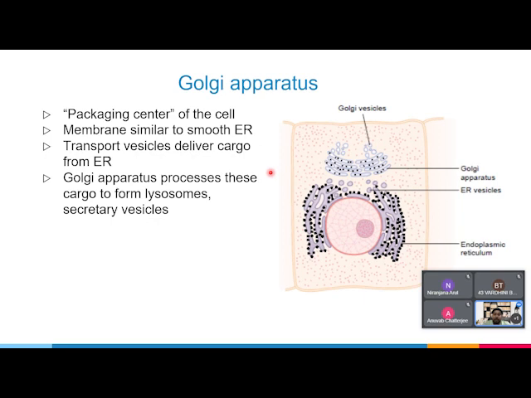And the Golgi apparatus processes cargoes to form lysosomes and secretory vesicles as well, on top of determining the localization of various cargoes. The important factor in determining where a protein will be localized is the signal peptide.